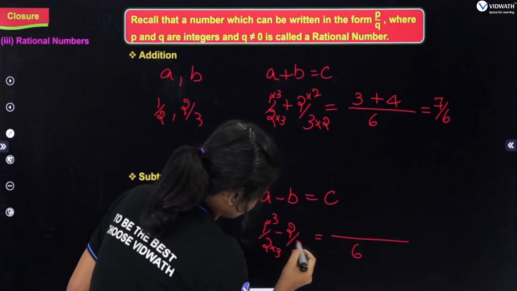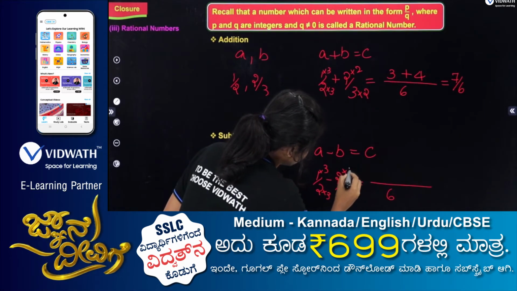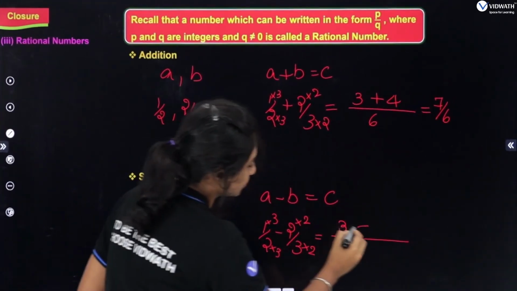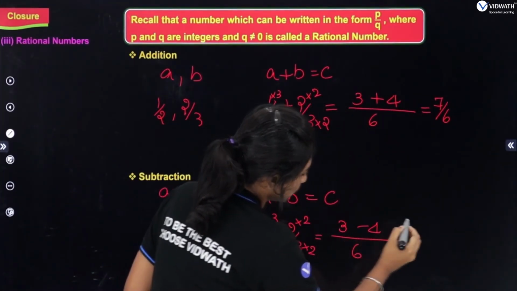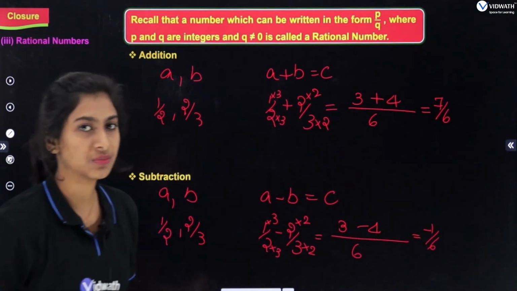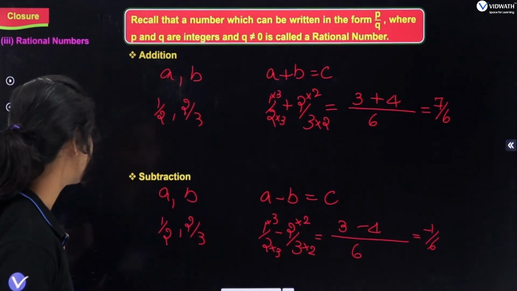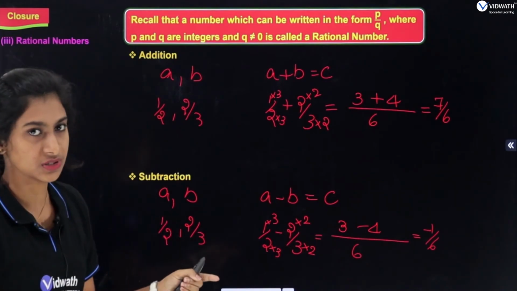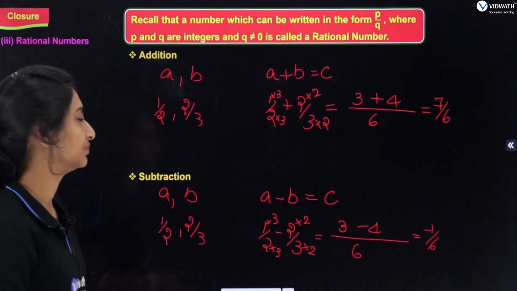Here to make 3 as 6, we will multiply with 2 and also the numerator with 2. So, 1 into 3 is 3 minus 2 twos are 4, which is 3 minus 4 is minus 1 by 6. Is minus 1 by 6 a rational number? Yes. Minus 1 by 6 is also a rational number. Therefore, we can say that the closure property of subtraction holds under rational numbers.